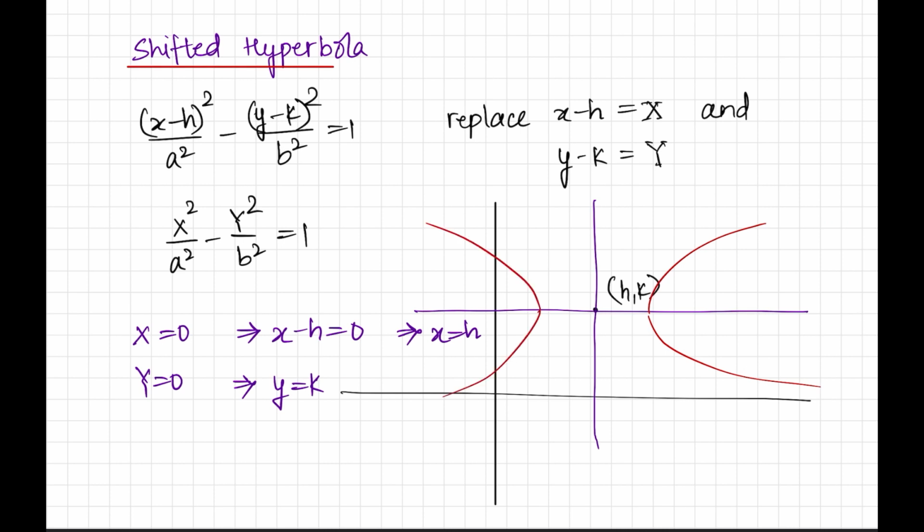The two foci would lie in this manner. So this is, say, S and this is, say, S dash. The two directrices will be in this manner, and we can find the various points and parameters related to this shifted hyperbola. So let us talk about the parameters one by one.